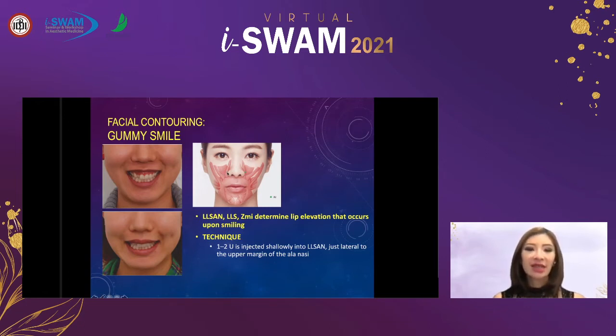Here, just lateral of the alae nasi, you can give 2 units. Because its function is lifting the lips, that's why the patients may feel weird after we give the injection. But some patients are willing to do this injection, so you can just give them an injection of the LLSAN for the Gummy Smile.